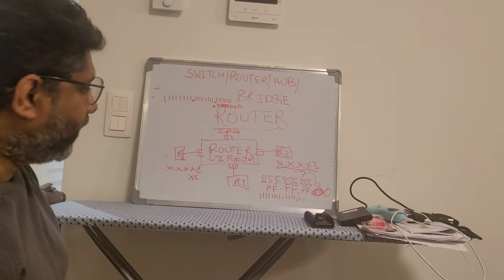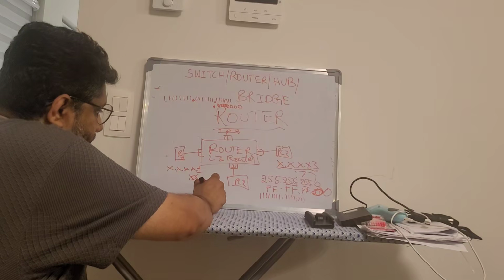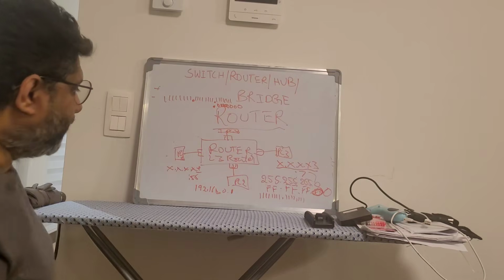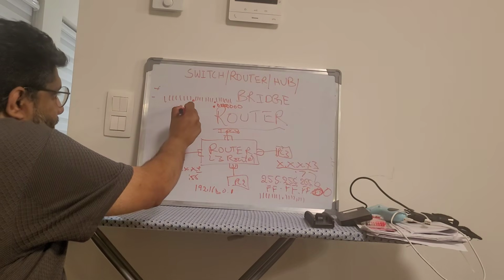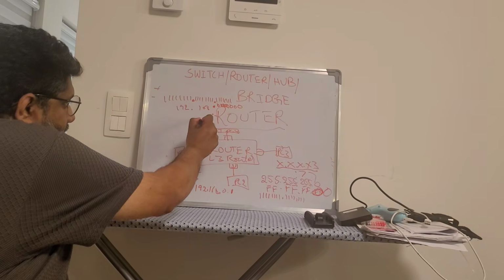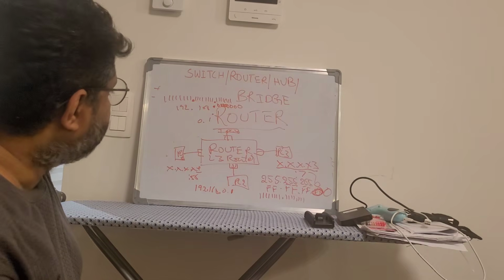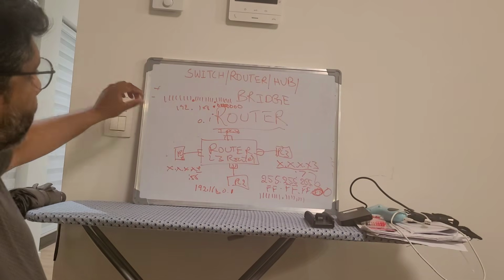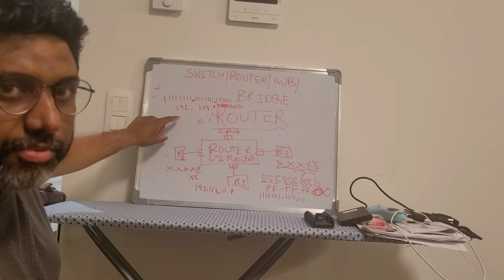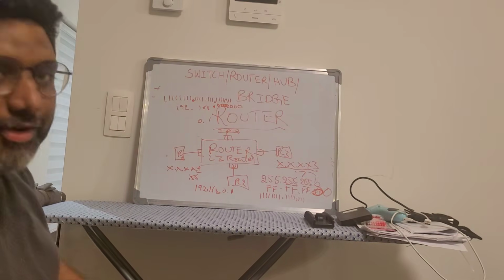Now let's suppose we take 192.168.0.1. Now you need to do an AND operation between these two. I put here the decimal representation for the actual IP address because I don't know the hexadecimal conversion of 192.